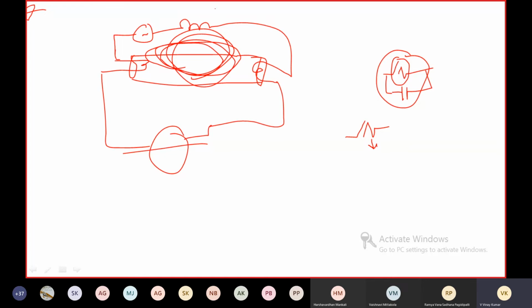Because of the applied voltage, initially an electric arc is produced between these two electrodes, so that heat will be produced. This heat ionizes the gas which is present inside this neon lamp, so that this bulb glows now because of this heat energy.